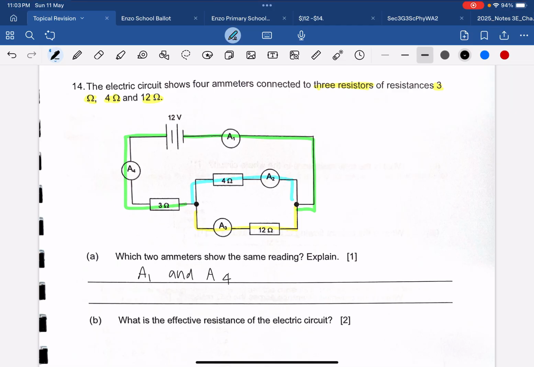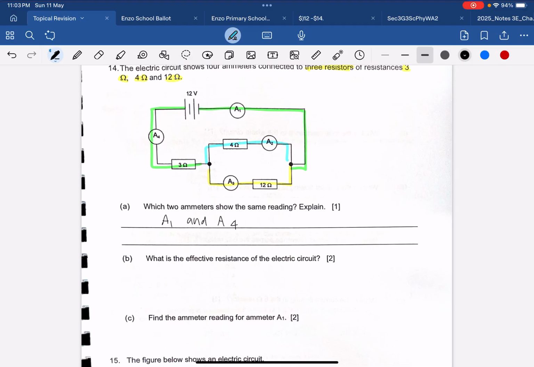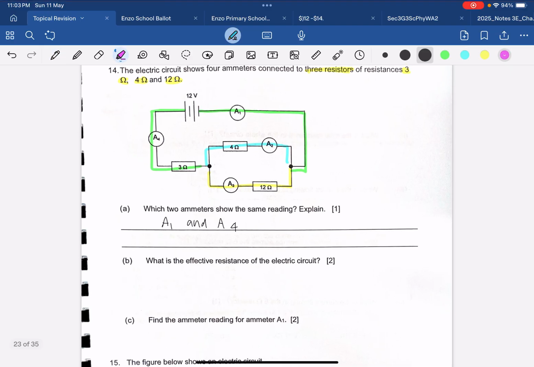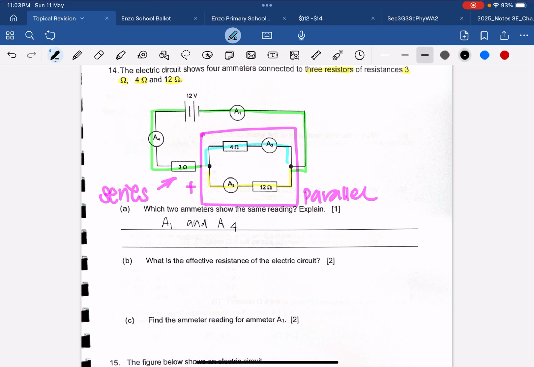So what is the effective resistance? This part over here is parallel, so that's what I have to do first. Then later on I will add the one which is in series with the parallel. So I must do the parallel first.